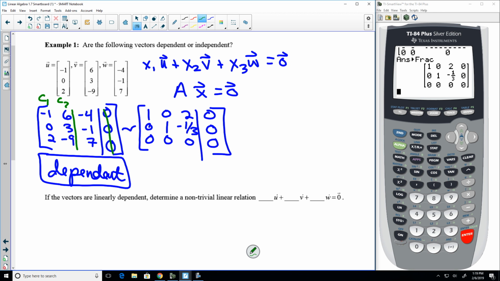And I solve this, then it's augmented here. What are the weights? 2 and negative 1/3, right? So if I multiply u by 2 and I multiply v by negative 1/3 and add those together, I'll get w. See that? Let's see if that works.